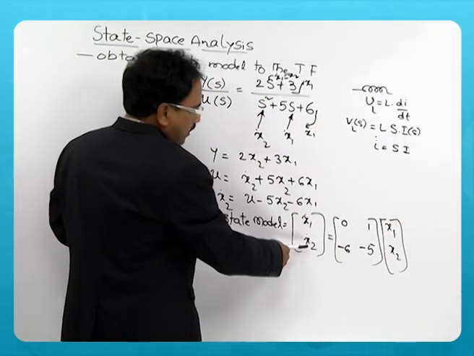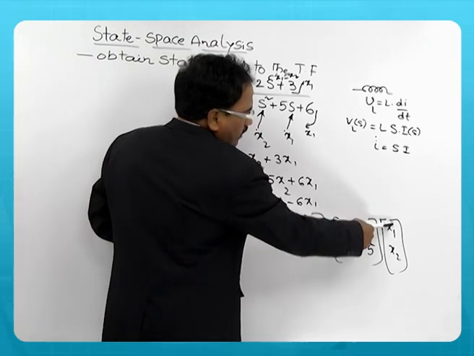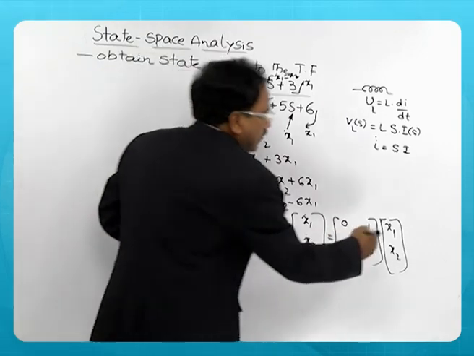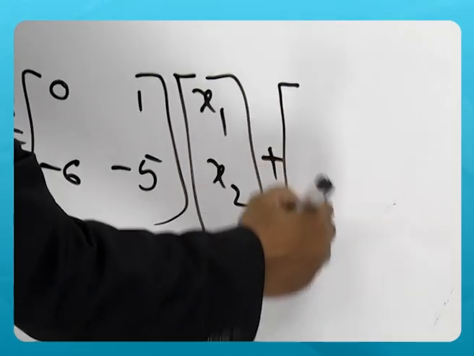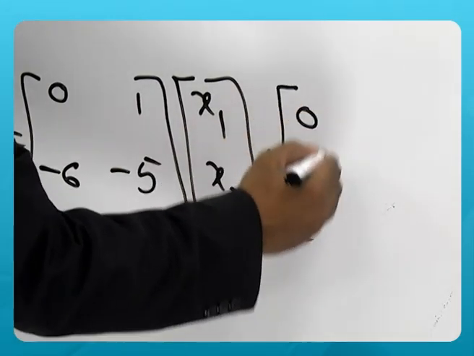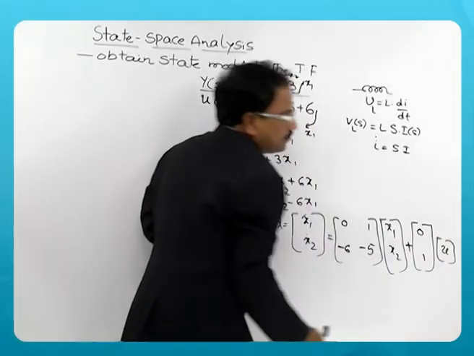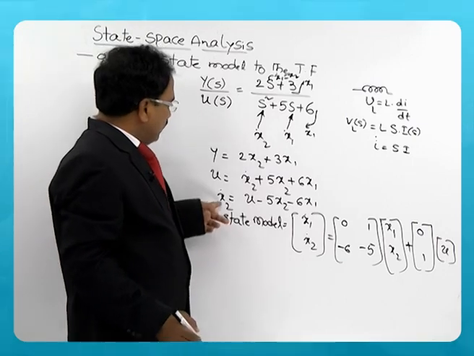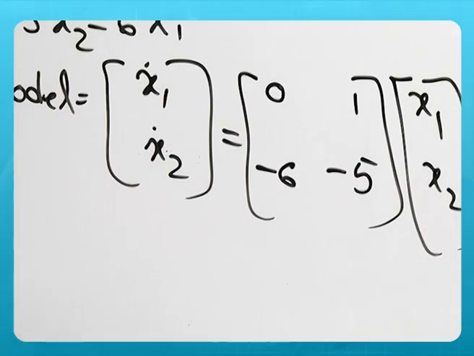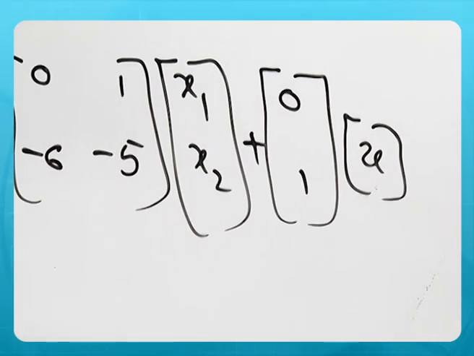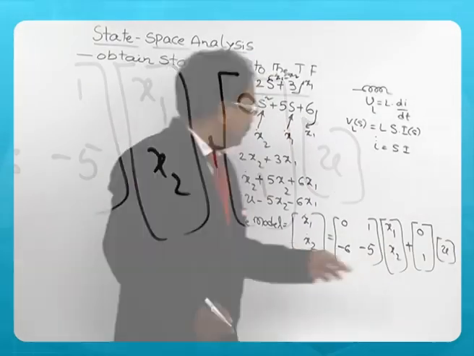So you can see now x2 dot equal to minus 6x1 minus 5x2, but there is u also here, and so plus the input matrix 0 into 1 u. So this equation is represented in the form of state model x2 dot equal to minus 6x1 minus 5x2 plus 1 into u.